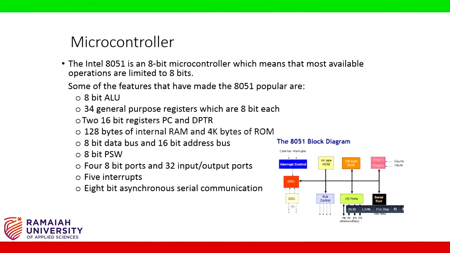It has 128 bytes of internal RAM and 4 kilobytes of ROM. It has an 8-bit data bus and a 16-bit address bus. It has an 8-bit PSW, processor status word. It has 4 8-bit ports and 32 input-output ports. It has 5 interrupts and 8-bit asynchronous serial communication.